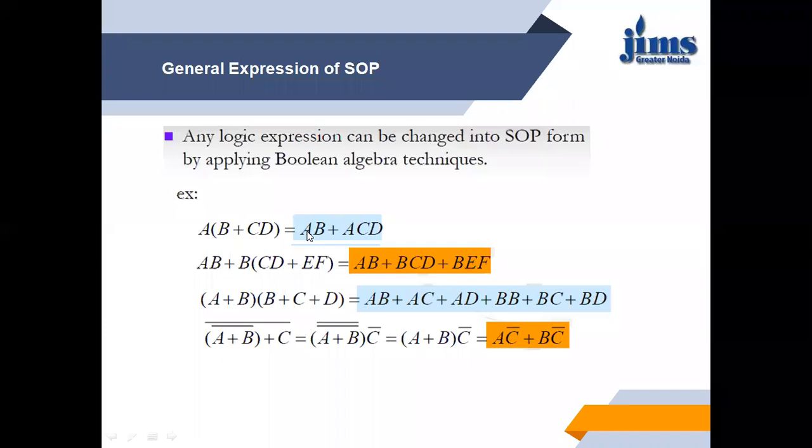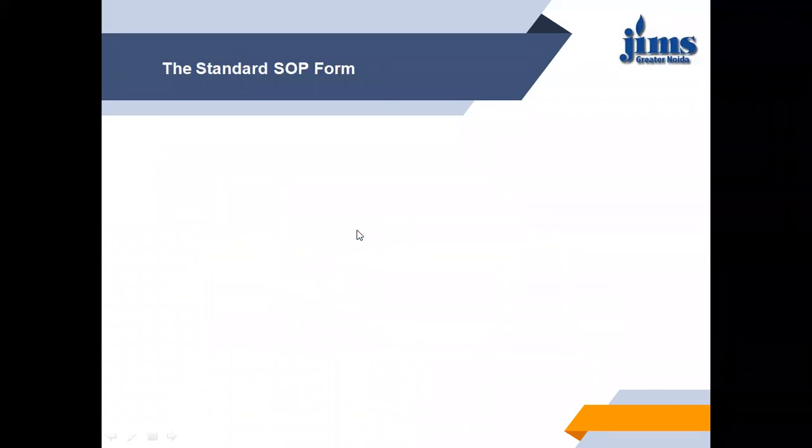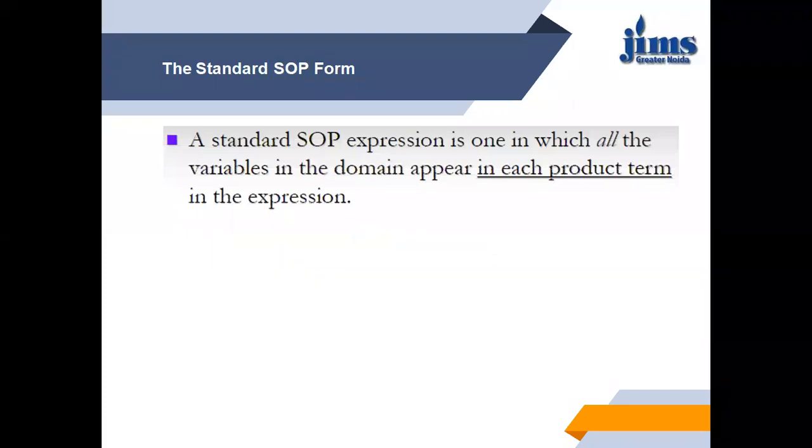When both the terms have four variables, then it is known as the standard form of SOP. That is what I was trying to explain here: a standard SOP expression is one in which all the variables in the domain appear in each product term in the expression.